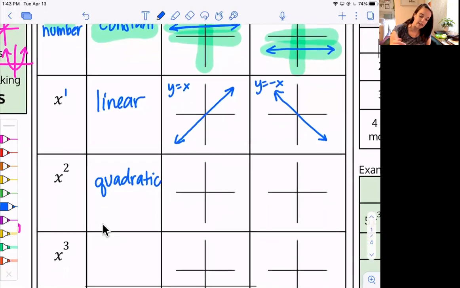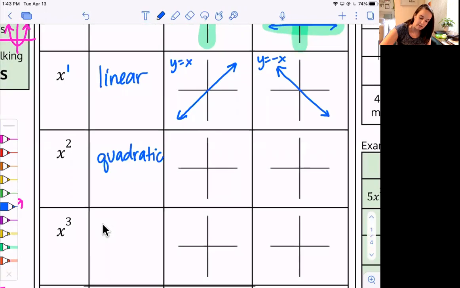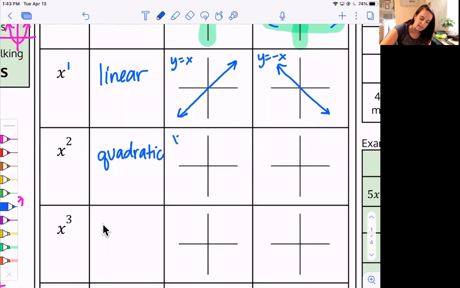And with quadratic lines, when it's x squared, the line makes a parabola, like this. And when it's positive, it ends going up. When it's negative x squared, it ends going down.